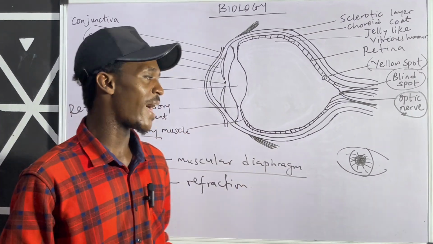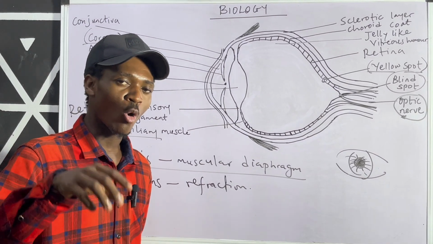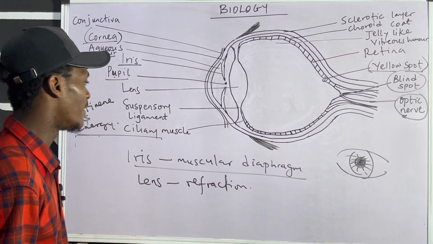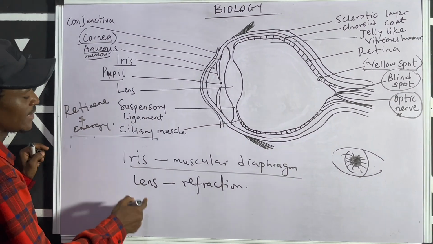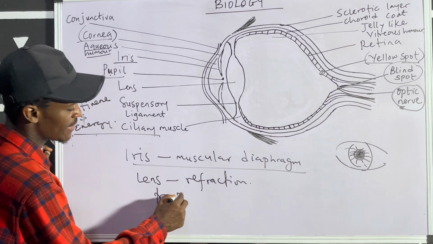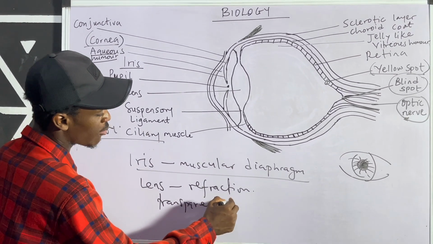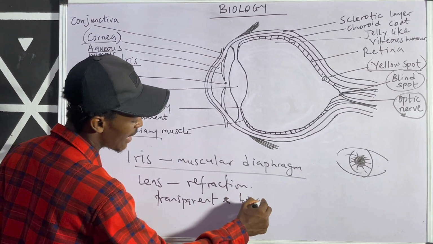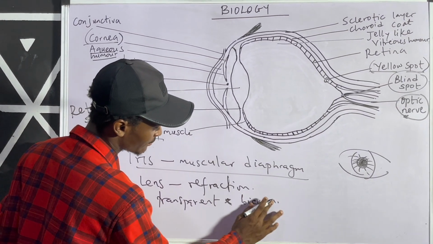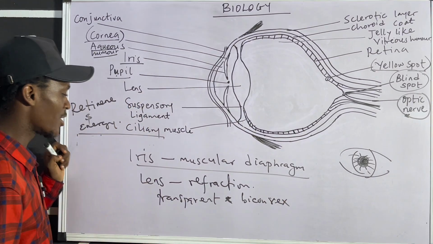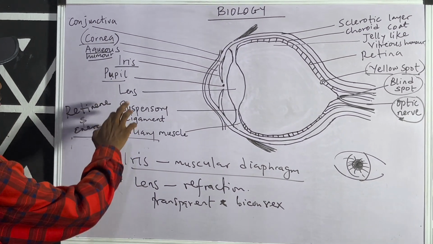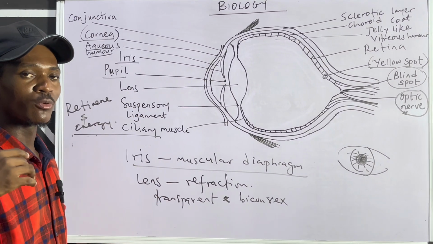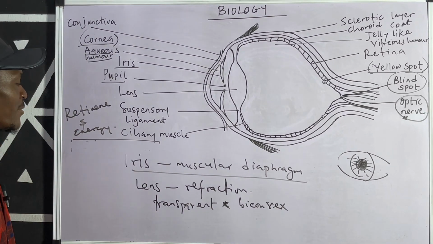All right, so that's where the formation of images occurs on the retina. Don't forget that. And of course, the lens is transparent and biconvex in shape. So its primary work or duty is to refract light rays.